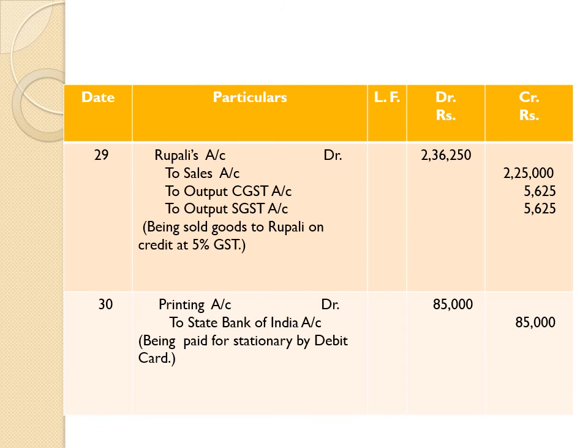So goods sold to Rupali of rupees 2,25,000 to sales account 2,25,000, but on it 5% GST is levied. So 5% of rupees 2,25,000 comes to 11,250.